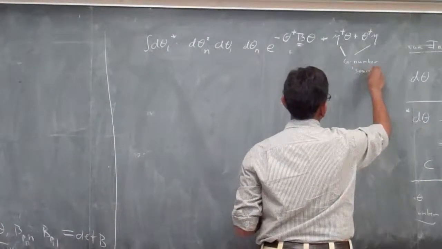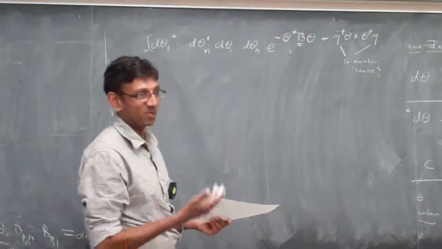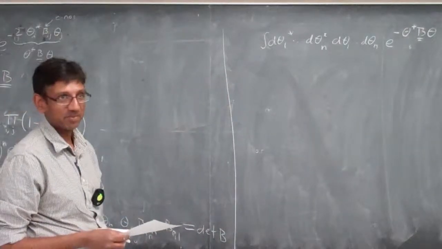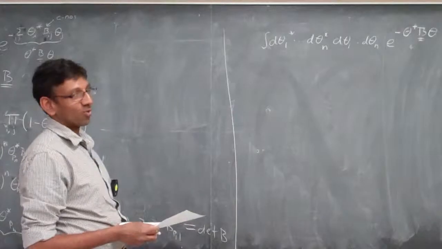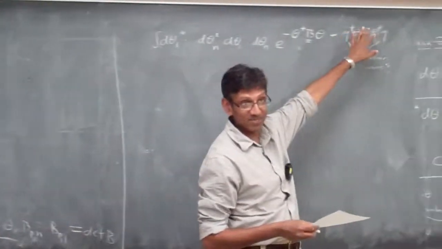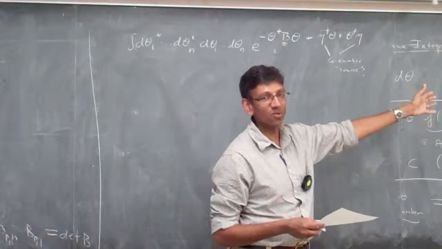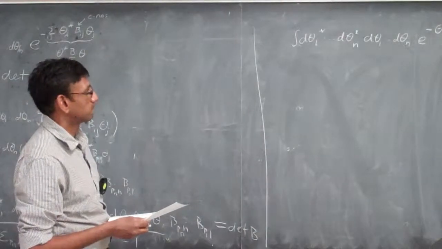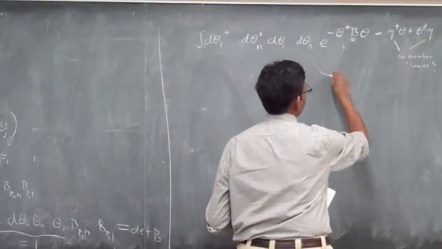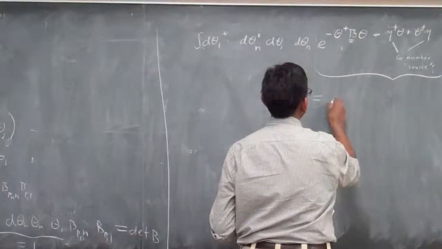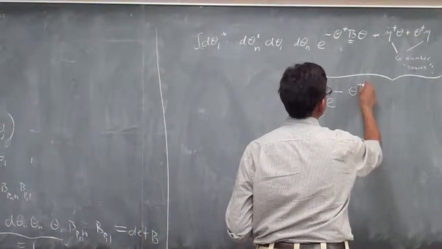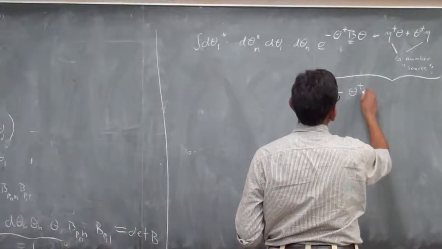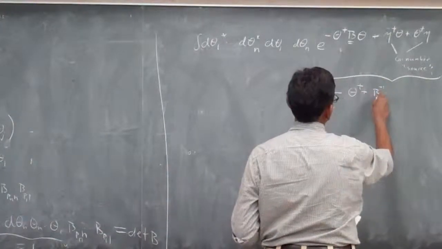Of course, we're not even doing field theory yet, but we know that that is what's coming, so let me just call it, in quotes, a source. How do we do integrals of this type? I don't care about overall proportionalities, I care about the eta dependence, which is the source dependence. That's, if you recall, where we're headed by analogy with the scalar case. This whole thing is equal to e to the minus theta dagger... plus b inverse in the matrix sense.